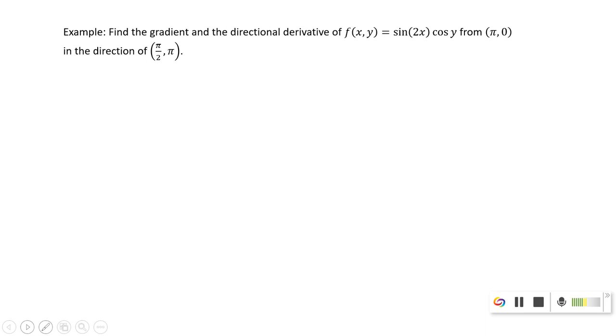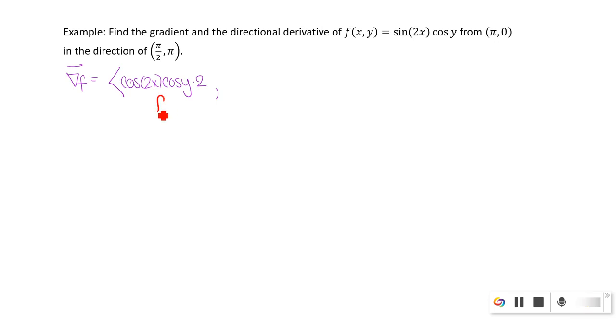So for example, let's see if we can find both the gradient and the directional derivative of the function sine 2x cosine y from the point (pi, 0) in the direction of (pi over 2, pi). So the first thing I'm going to do is just find my gradient. And so that means I have to find my partial derivatives.